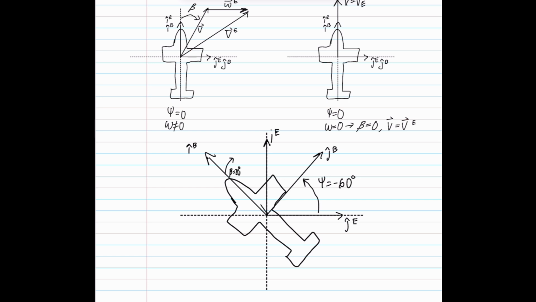And there's wind, so we have this beta angle of 20 degrees. And that is the velocity expressed in the body frame.